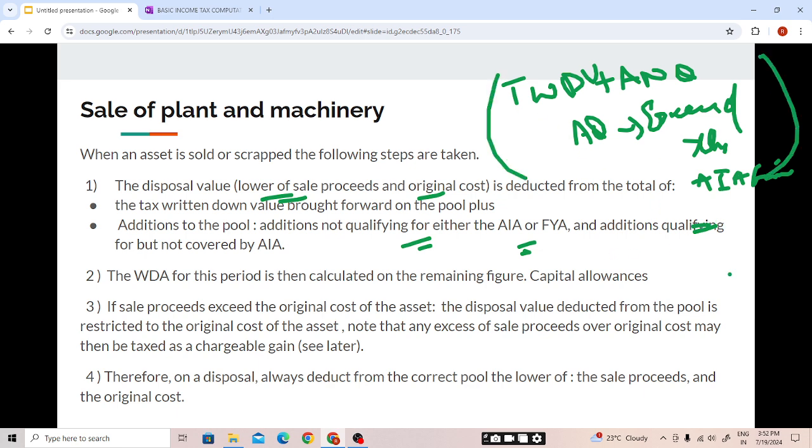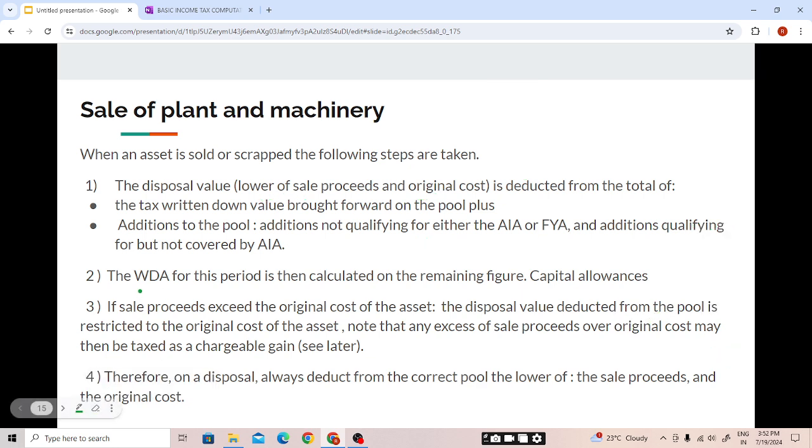After this total we reduce the disposal, which will be the lower of original cost and sale proceeds. The WDA for this period is then calculated on the remaining figures. After the disposal only we will calculate the WDA. After the disposal value we will calculate the WDA. Capital allowances will be calculated.